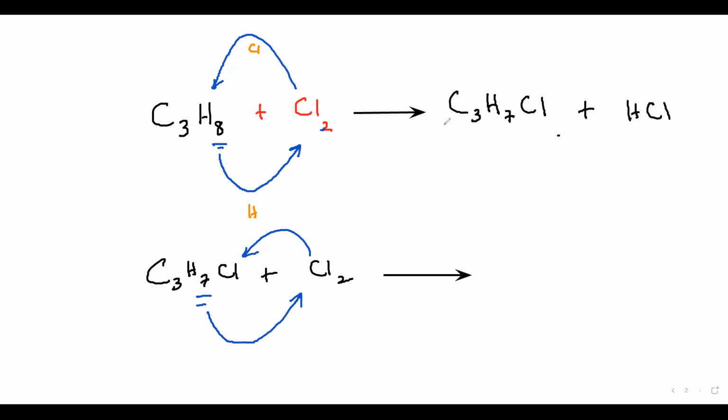So what will be the product? The carbon number does not change. So it will remain C3. How many hydrogen? Out of 7, 1 is going out. So it will become H6. And first there was 1 chlorine, but another chlorine entered. So it will become Cl2. Like 2 chlorine atoms are now attached to this structure. Plus HCl. Is it clear?